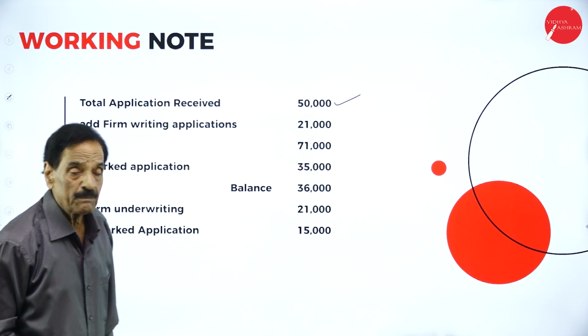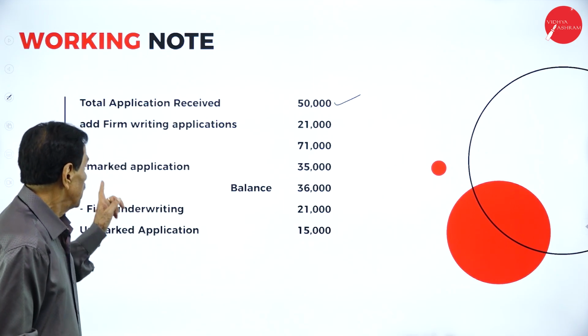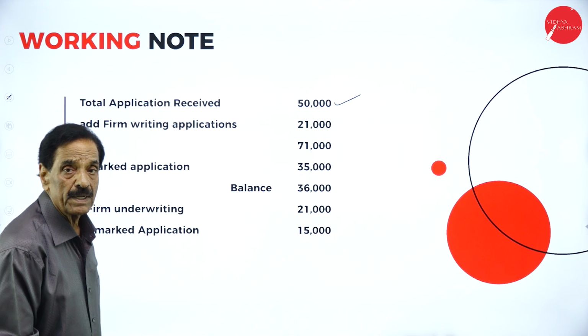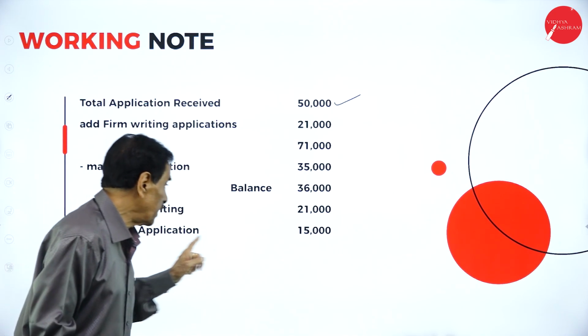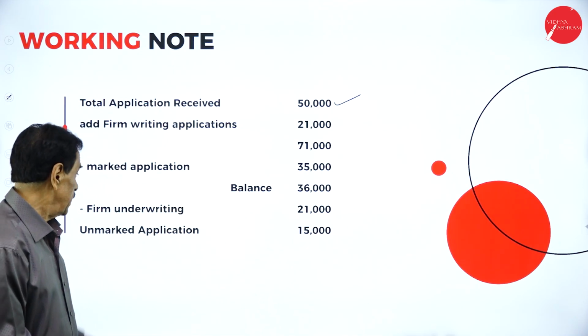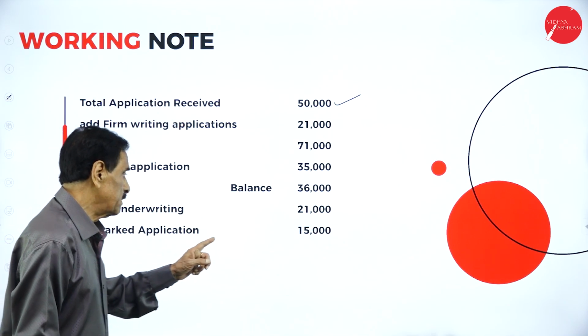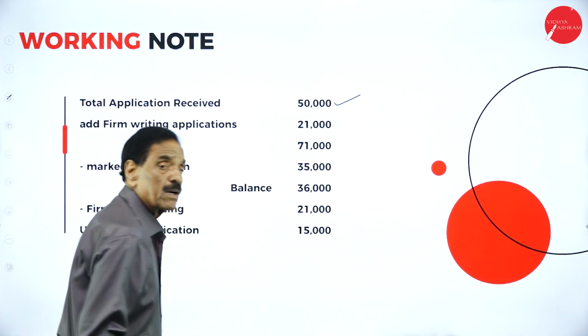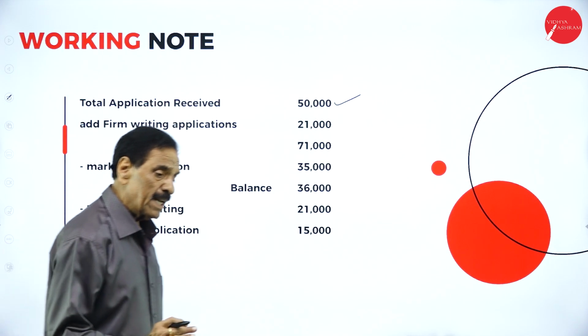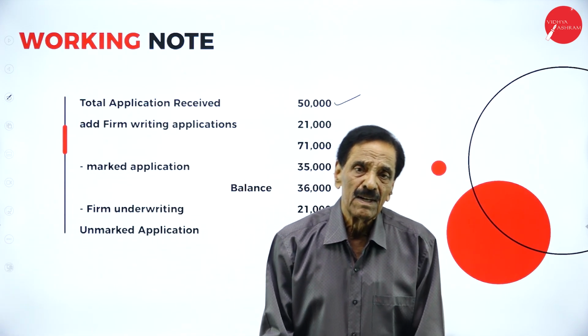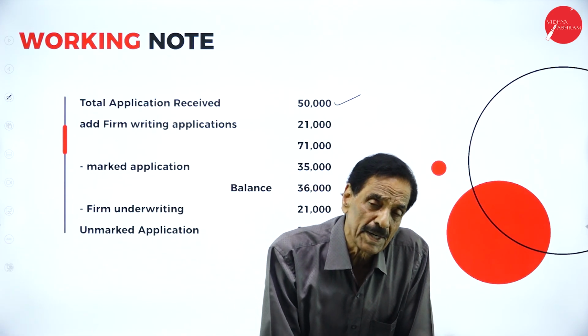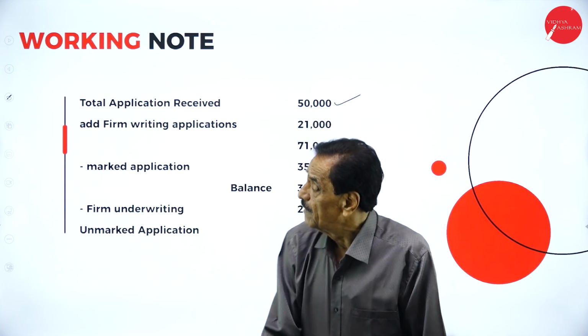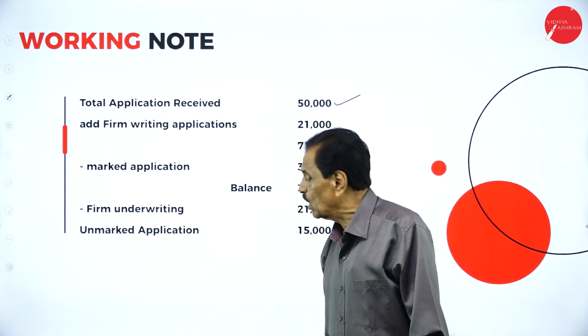So 50,000, add firm underwriting 21,000, minus marked applications 35,000, minus firm underwriting 21,000, and the balance is the unmarked applications. Generally, when you receive applications, it includes marked and unmarked applications, and also the firm underwriting.